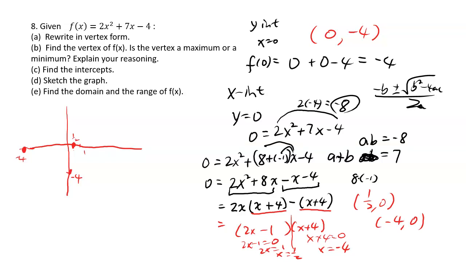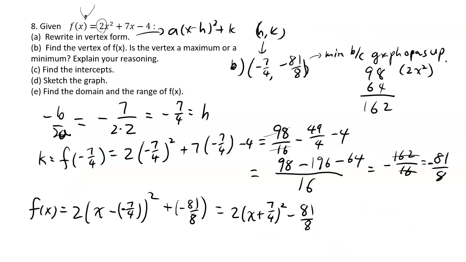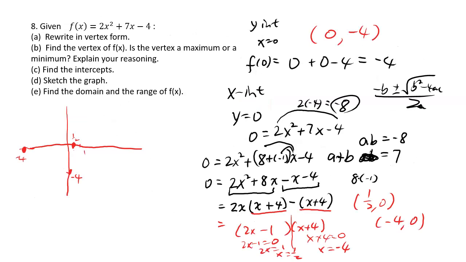I also know the vertex. What was the vertex? It was negative 7 over 4. What's this? This is like negative 1.75, right? Comma something like negative 10, right? 80 divided by 8 is 10, right? Okay, so it's like negative 1 closer to here, somewhere here, and then it's way down here.